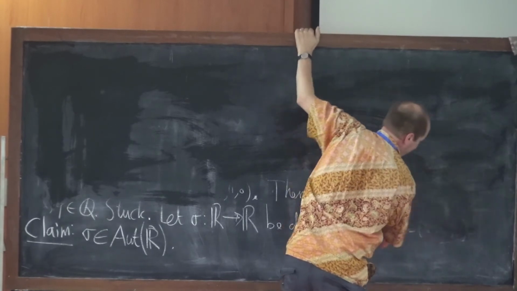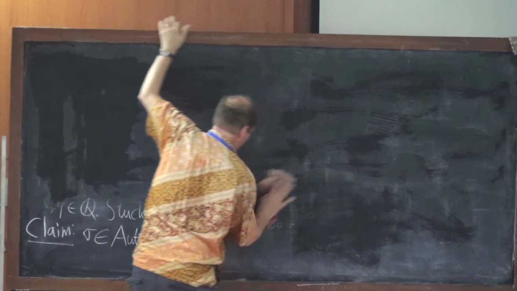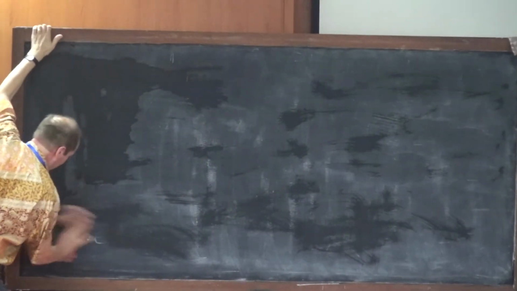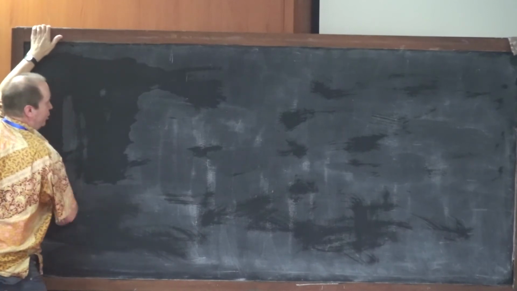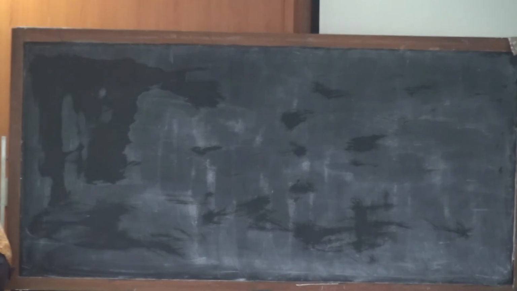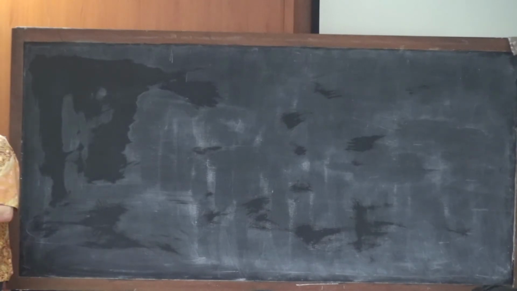I think he gave his inaugural lecture in 1872. For some reason, this is stuck in my memory. He gave a lecture on relations between groups of transformations and geometry.